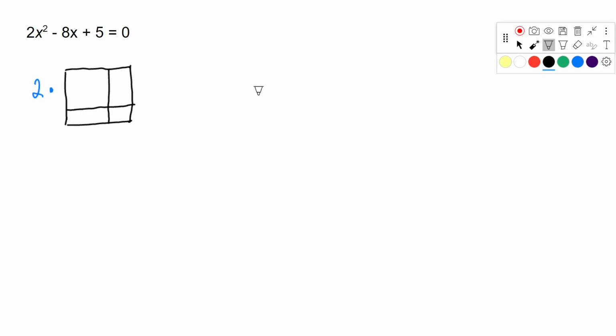And instead of writing it as 2 times, I'm going to write it as 2 squares, just so you can see how that 8x gets split up.